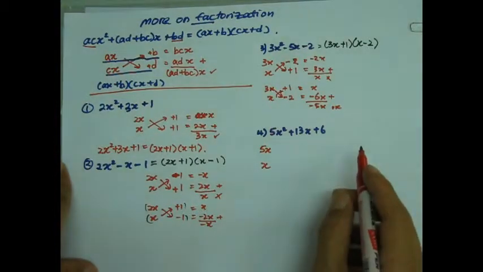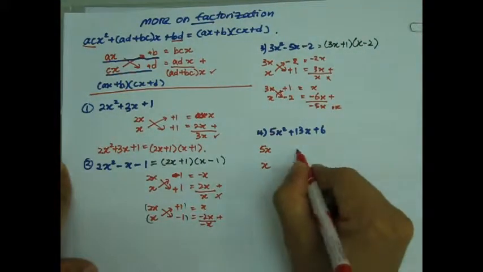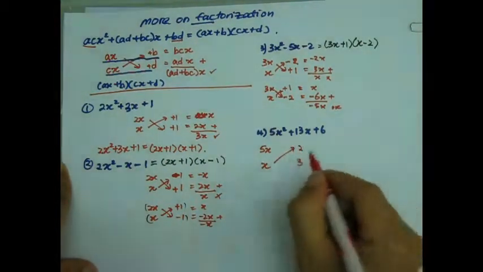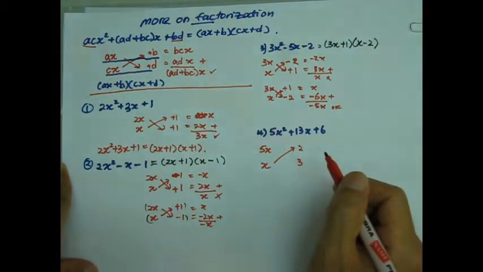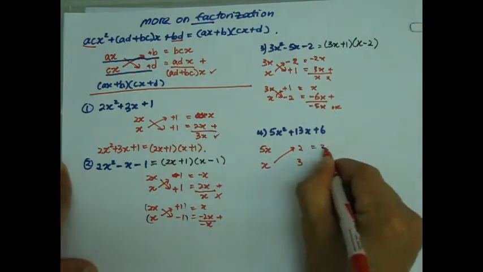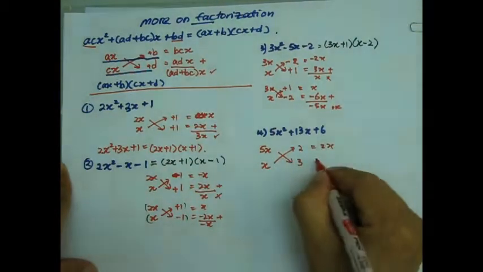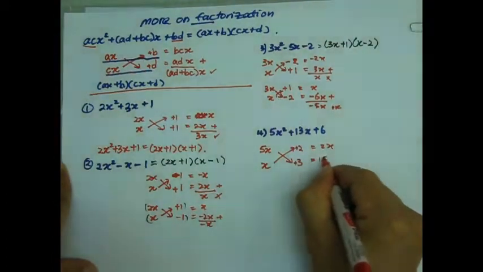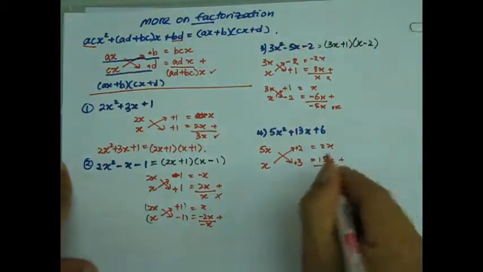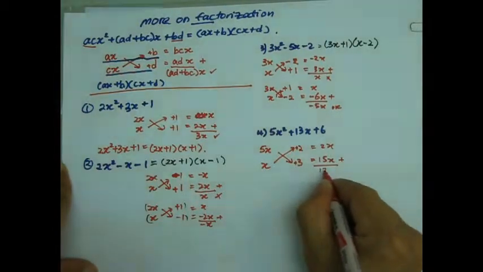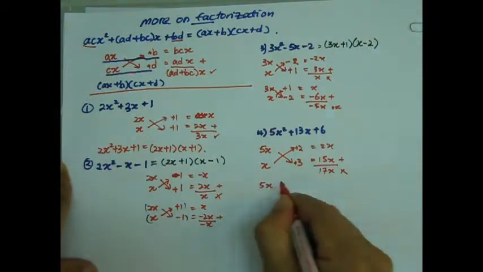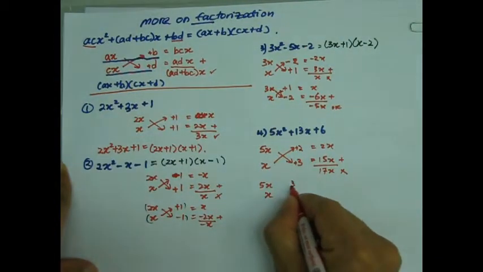What do you think? I'll go for 2 and 3. That gives me 2x, and over here plus 15x. Oops. Unfortunately, when I add them together, I get 17x. That's no good. Let's rearrange the 2 and 3, 3 on top and 2 below this time.